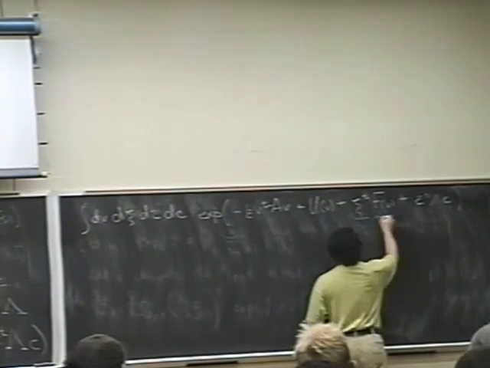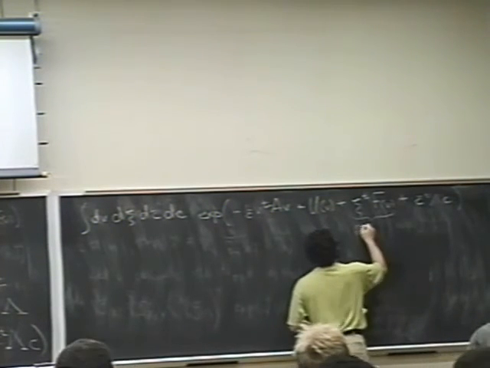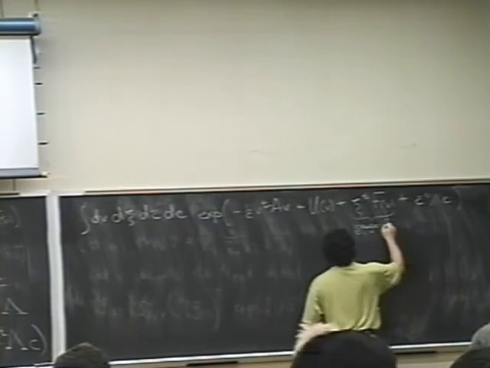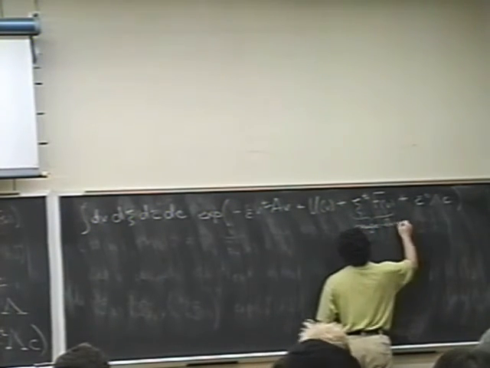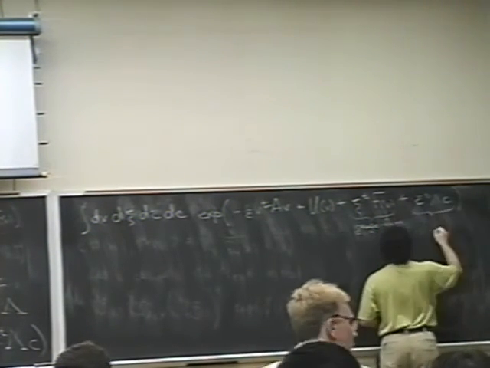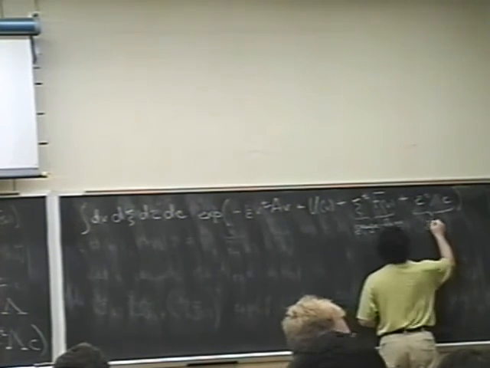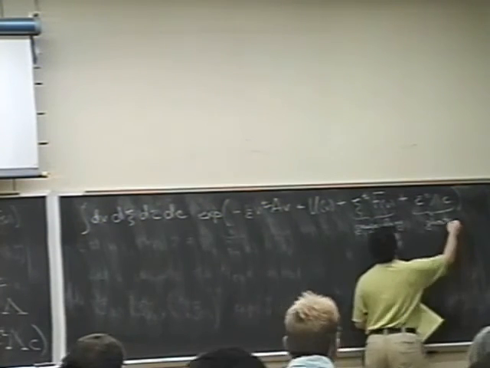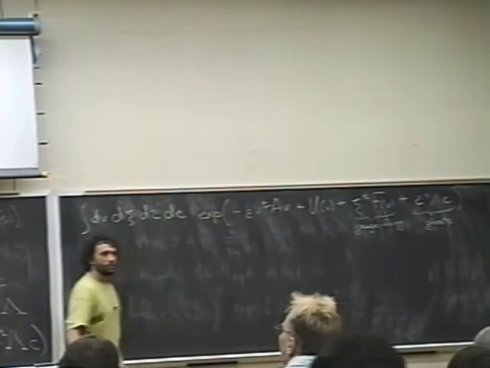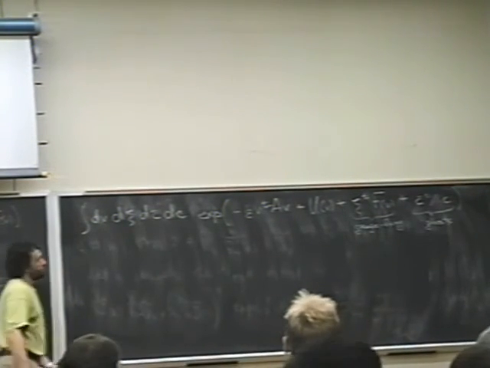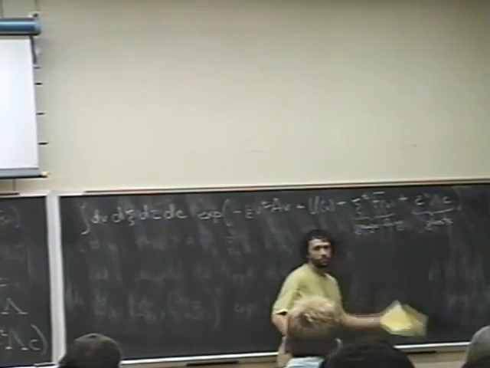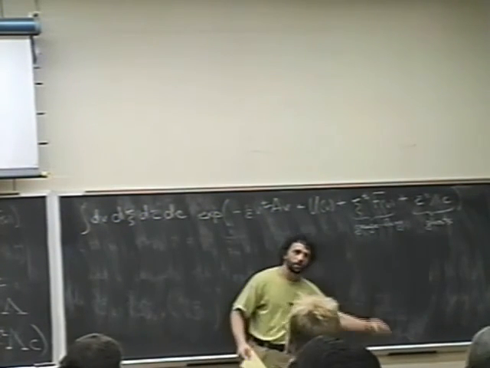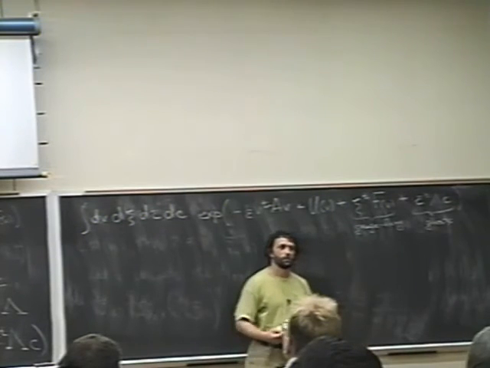This new thing appeared because of the gauge fixing. And this appeared because of the ghosts. Again, this gauge fixing just means that we picked some kind of slice, some kind of section.